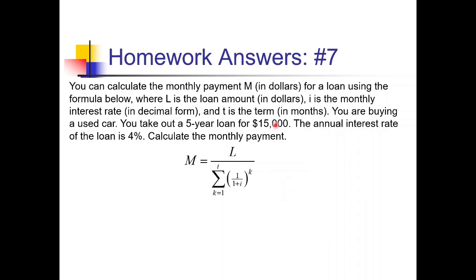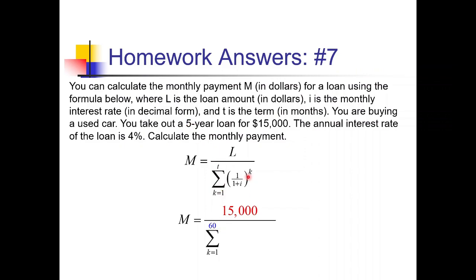So the loan amount is $15,000, so that's pretty straightforward. And we have the summation from k equals 1 to T. T, the term of our loan, is 5 years, but this term is expressed in months. So to get a T value, I actually need to do 12 times 5, and that's going to be 60 up there.